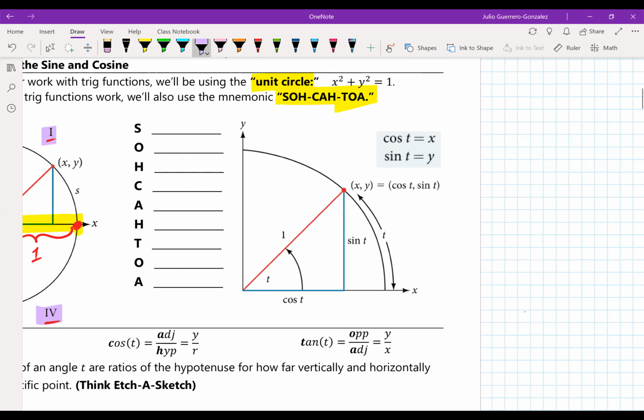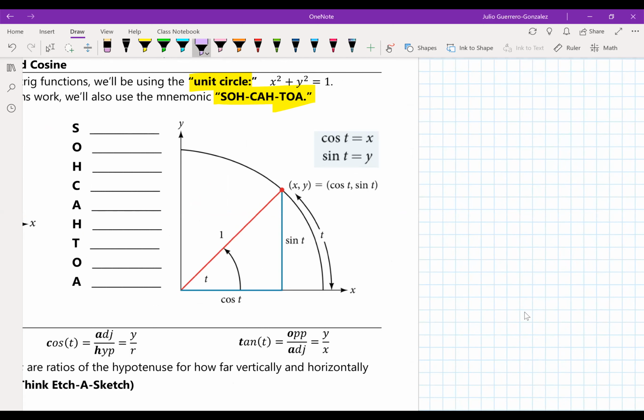The way that sine and cosine are defined are right here. Notice what the definition states, right? Those are t's, which are angles. Does that make sense?